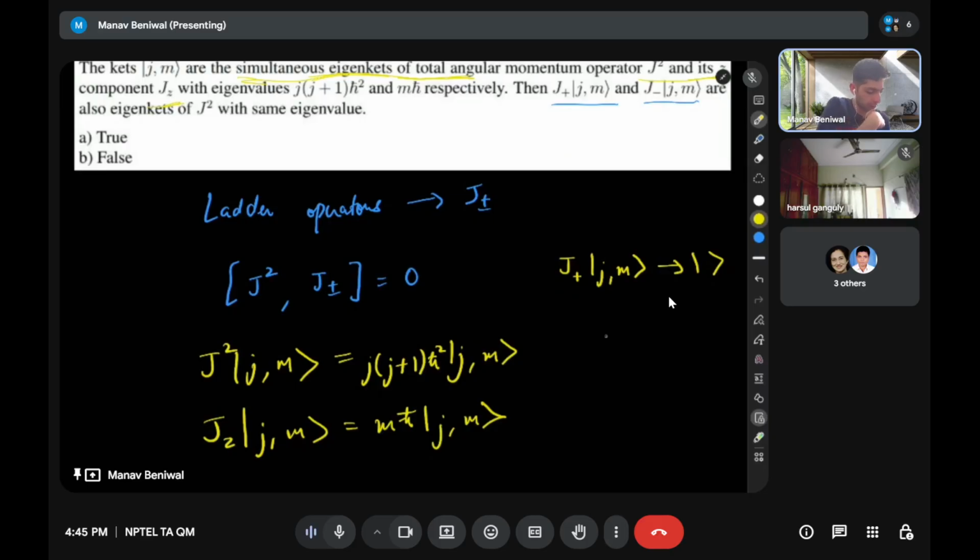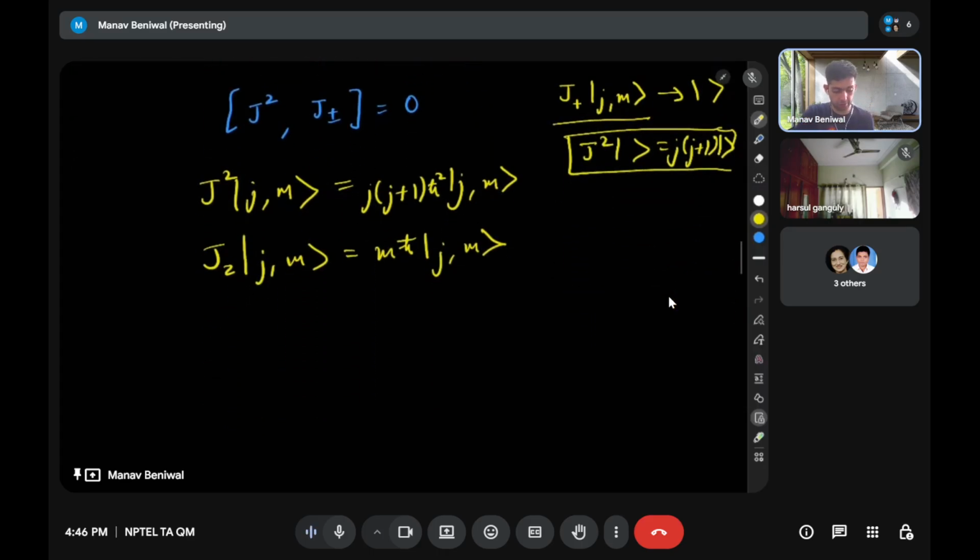So essentially, if I apply j squared on this ket, I should get j(j plus 1) times this same ket. This is what I want to prove, where the empty ket I have drawn stands for j plus acting on j comma m and also j minus acting on j comma m.